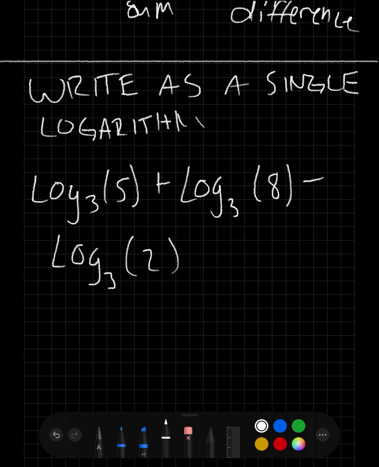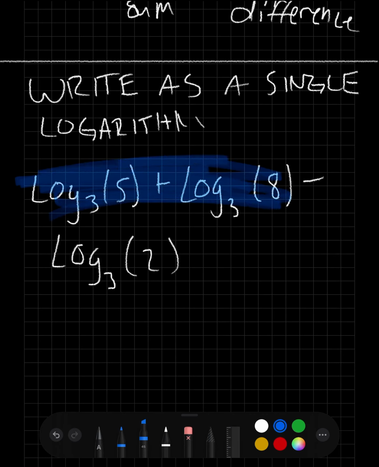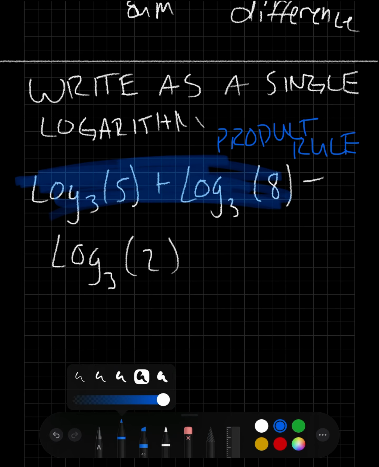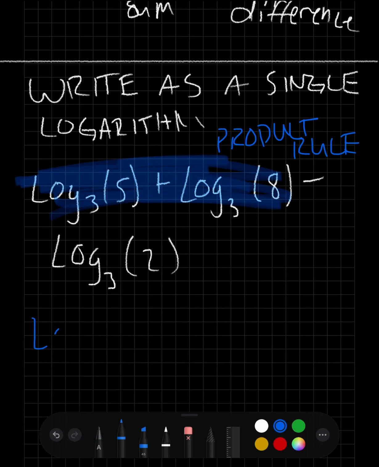So I see that we have both addition and subtraction. And it doesn't really matter which way you start, you should get the same answer. So let me show you how I start. I look at my addition first, and I say, that's the product rule. So I'm going to use that to condense those logarithms into one.